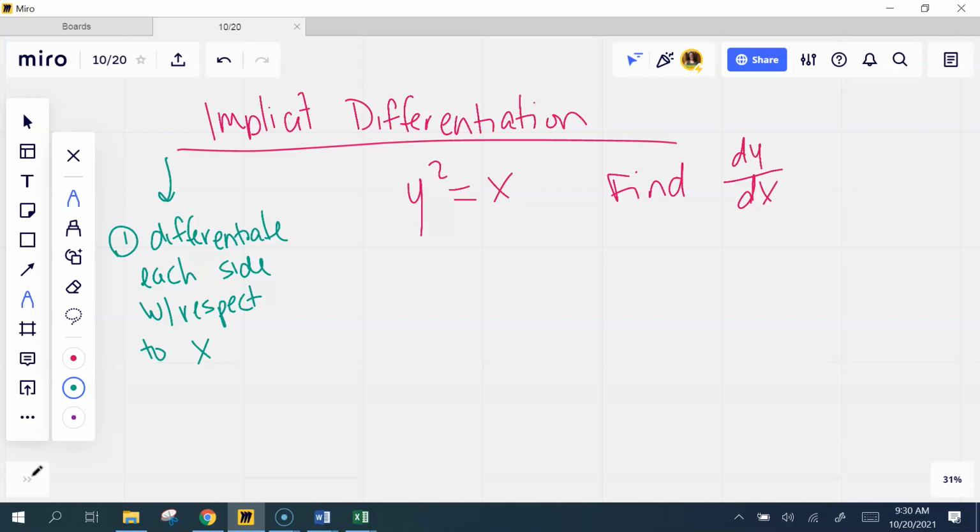If I differentiate y squared, then yes, that's 2y, but I need to find the derivative here with respect to x. So if y had something else that had a derivative, that would chain rule, that's where that comes into play. And it equals, what's the derivative of x with respect to x? 1. So just derive both sides.